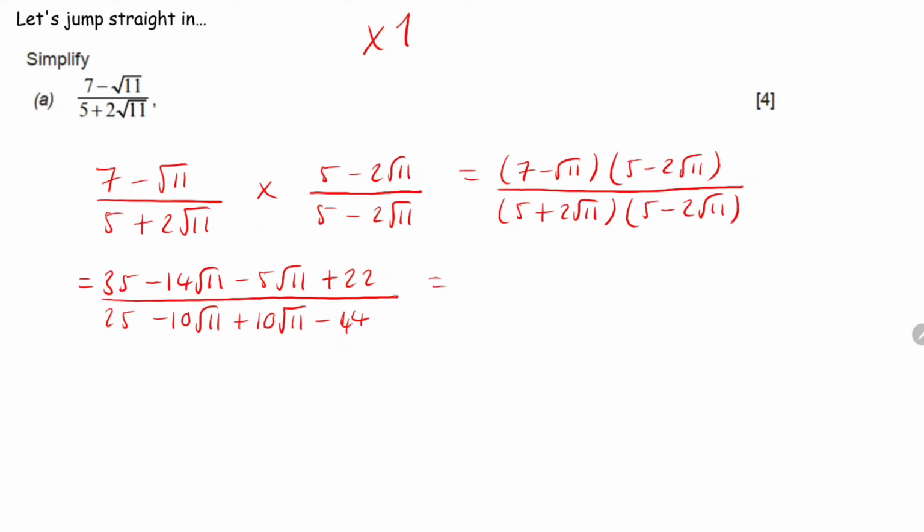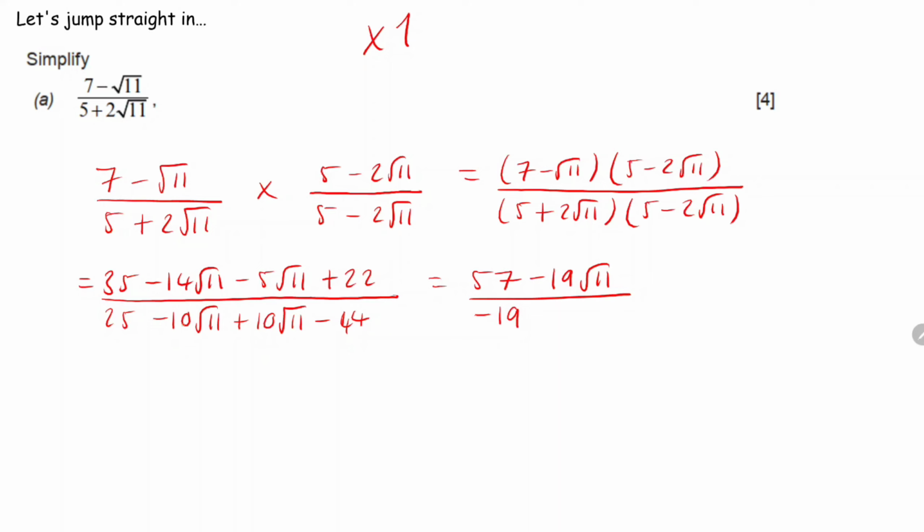We can simplify both top and bottom now by combining the surds and the numbers together. We have 35 plus 22, which gives us 57. We've got minus 14 root 11, minus 5 root 11, which is minus 19 root 11. The bottom, we have 25 minus 44, which gives us minus 19.